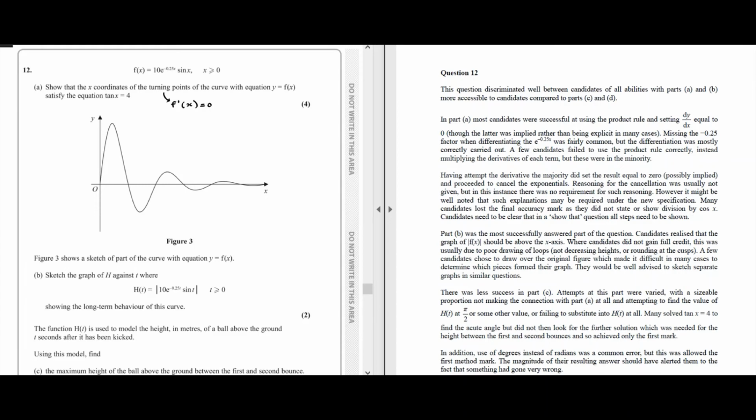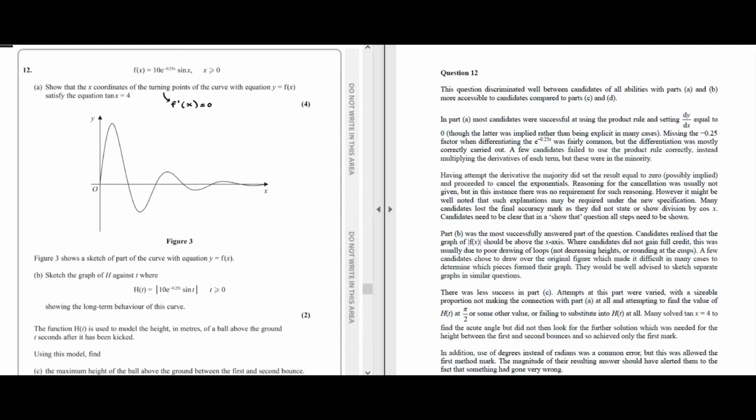Missing the minus 0.25 factor when differentiating the e to the minus 0.25x was fairly common, but the differentiation was mostly carried out. A few candidates failed to use the product rule correctly, instead multiplying the derivatives of each term, but these were in the minority.